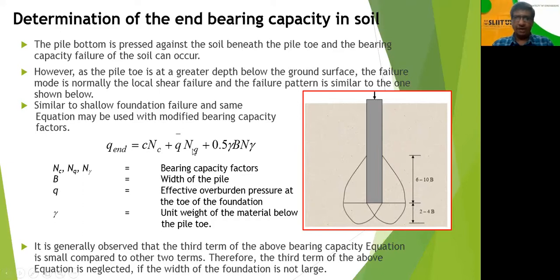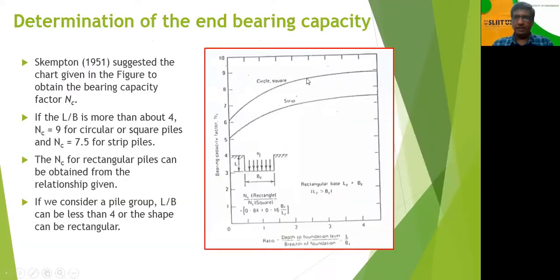So we have to determine Nc and Nq, and generally the Nc is obtained from this particular curve that was developed by Skempton in 1951. The axis here in this graph is the L over B ratio, but since we are talking about a single pile, it is the L over B ratio, right? After L over B ratio is 4, this Nc value, for a circular or square footing, will be constant.